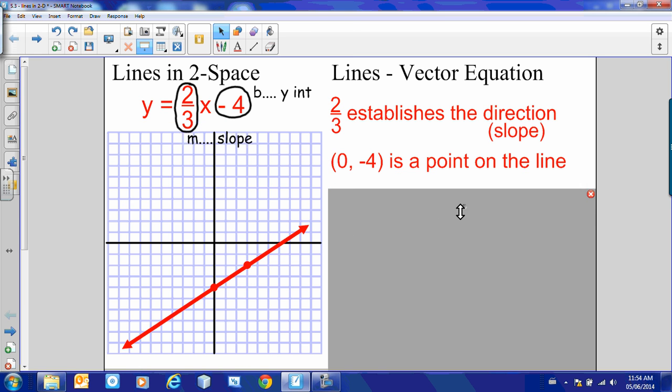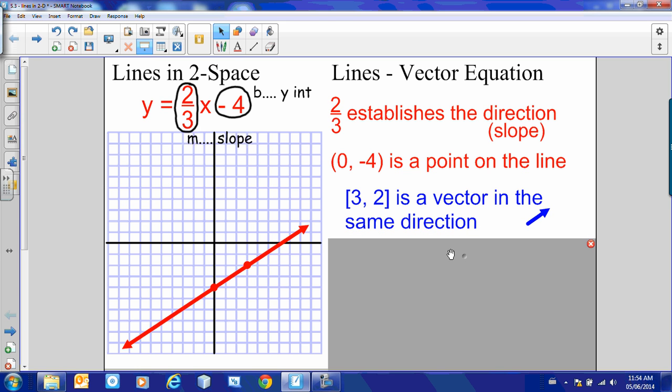So what we'll have when we go into vector notation is the same idea. Based on the 2/3 being our slope, the direction that we're actually traveling, in terms of vectors, is the same, but it ends up being what we have been referring to in vectors as 3, 2, because we always write the x value first.